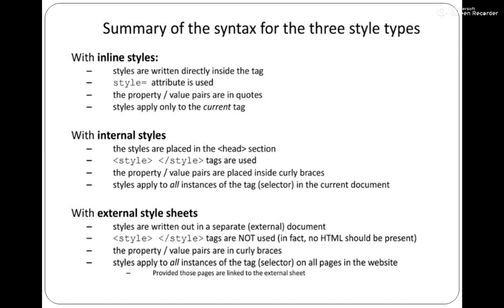We will quickly summarize what exactly every type of CSS means. Within the inline type of CSS, styles are written directly inside the tag, meaning you use a style attribute, and in this style attribute you pass the values given in the declaration part, using double quotes.